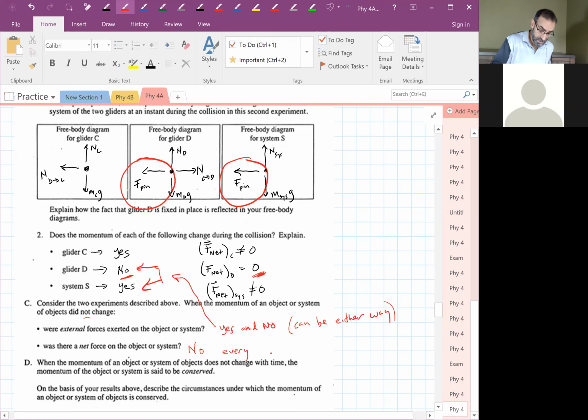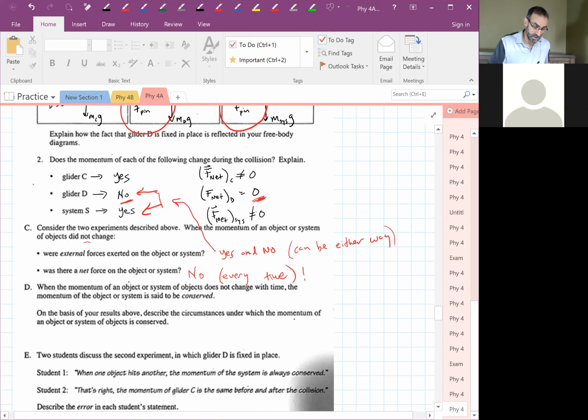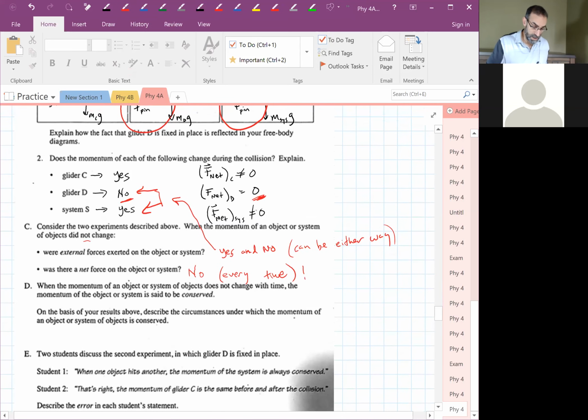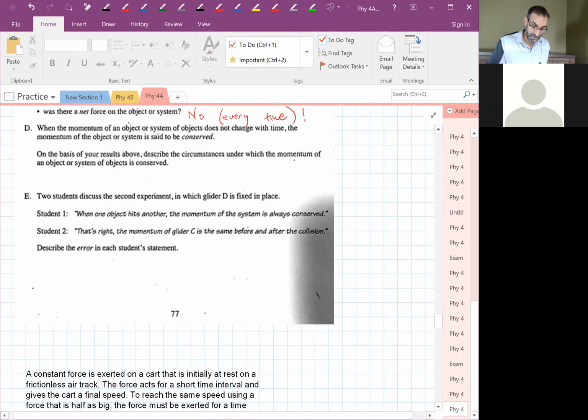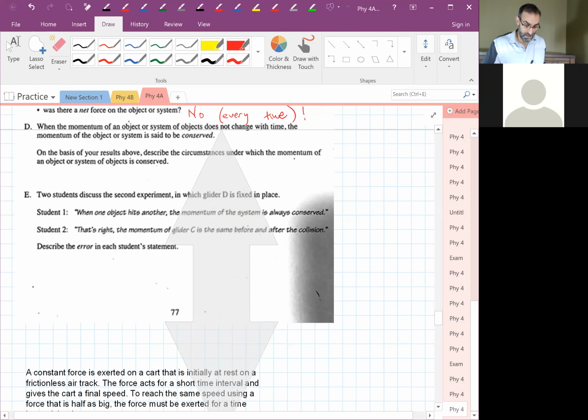It's 2 words. So the net force is what we're gonna link, not an external force, a net force is what's important. Let me write that here somewhere. I'll show you why.